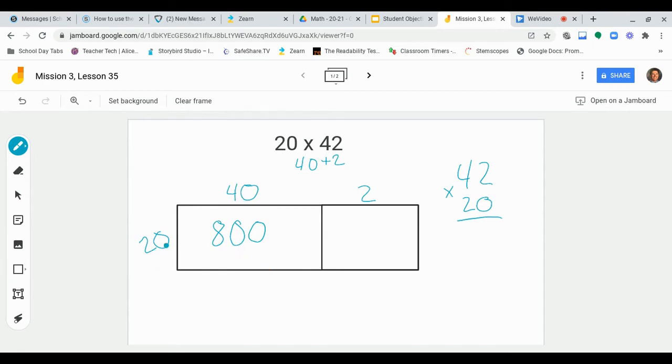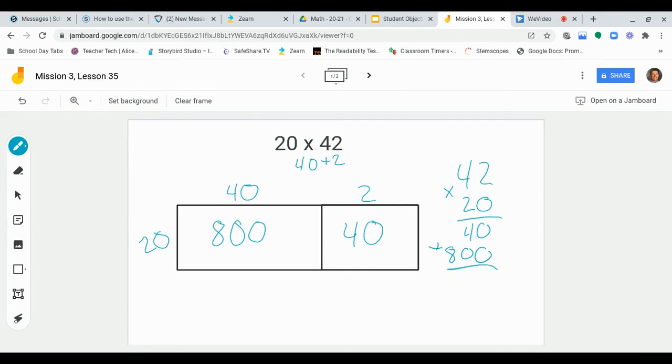And then I do 20 times 2. Again, 2 times 2 is 4, and then put the 0 back on, because I had taken off that 0. So now I have 40 and I have 800.